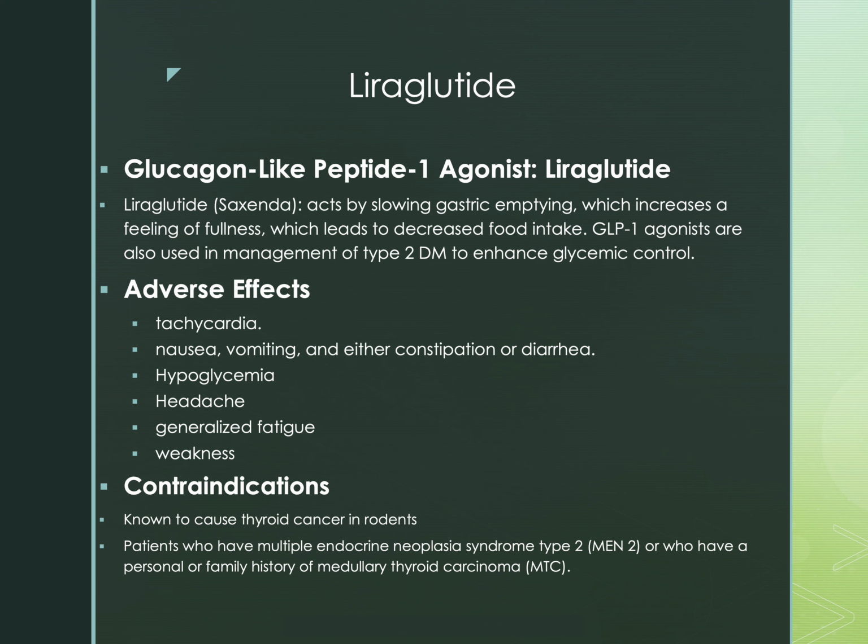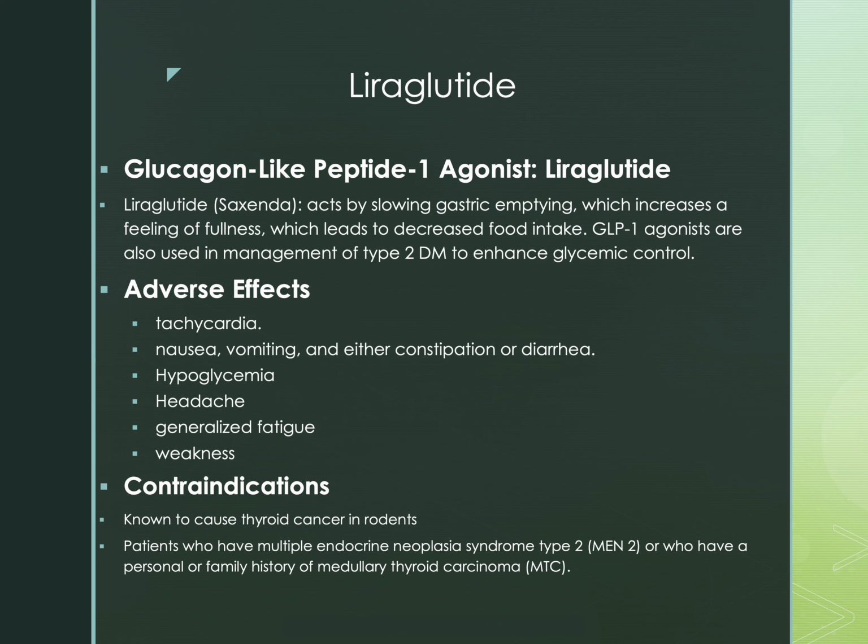There are several uncommon effects, but we do want to talk about them too because they can cause more damage than the more common effects. And those include acute pancreatitis, gallbladder disease, and renal impairment. The renal impairment usually is associated with dehydration, that's secondary to nausea, vomiting, and diarrhea.